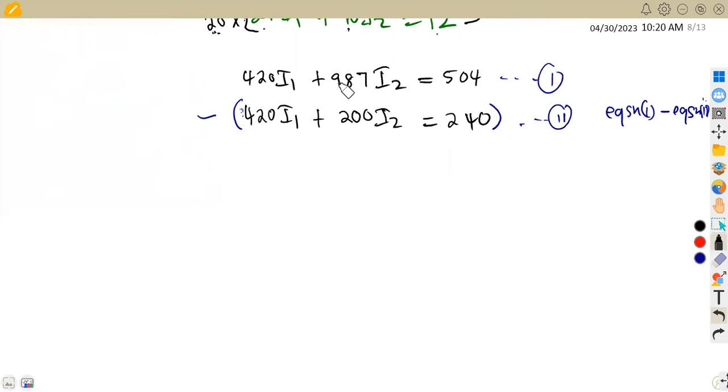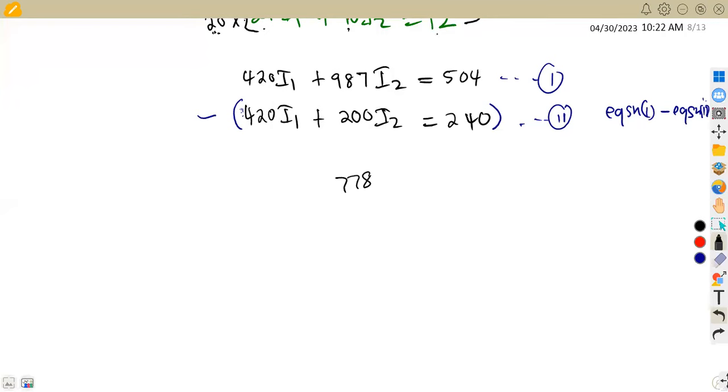I move on to 987. With this sign, it's a plus, so it's 987 minus 200, which is going to give us 787, not 778. Let me also have this one aside.